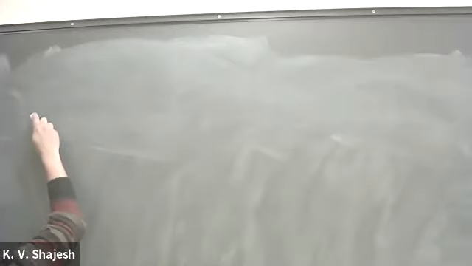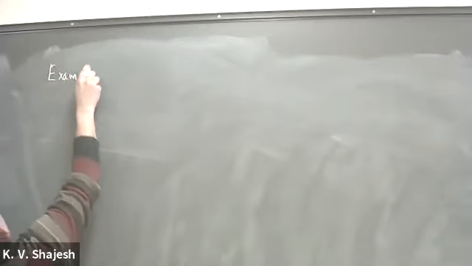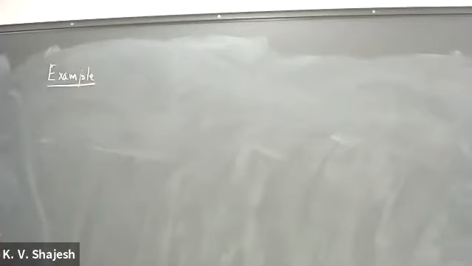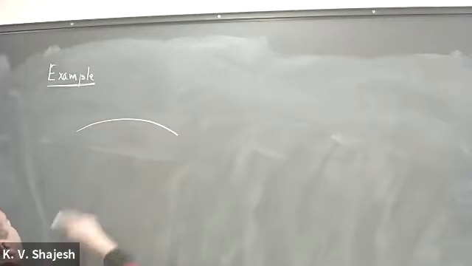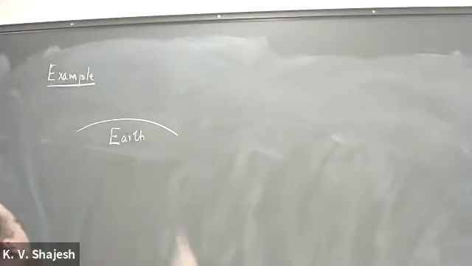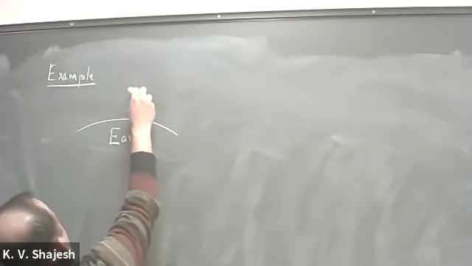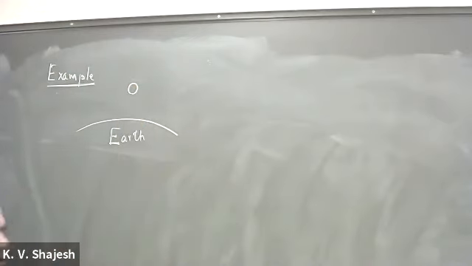So if we drop a small ball, this is again an example. What are we dealing with? Let's say we consider the whole Earth as a huge, massive ball, and we have a basketball or a tennis ball dropped right above it from a height h.